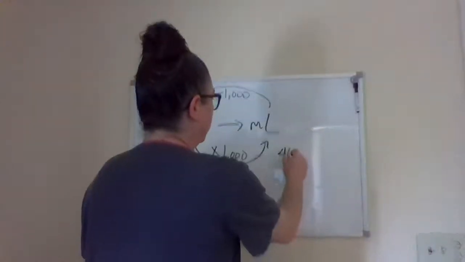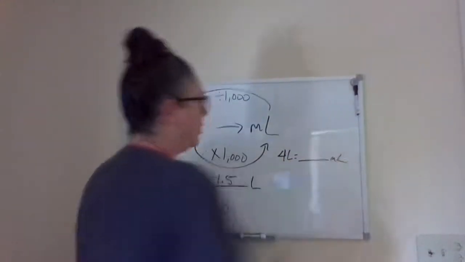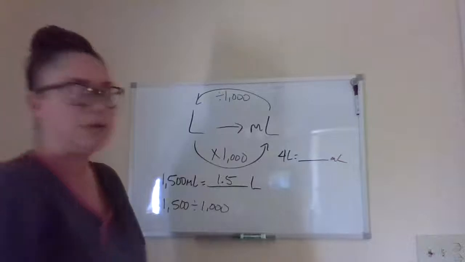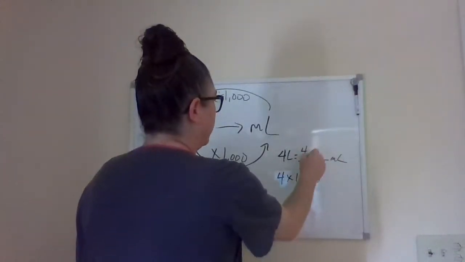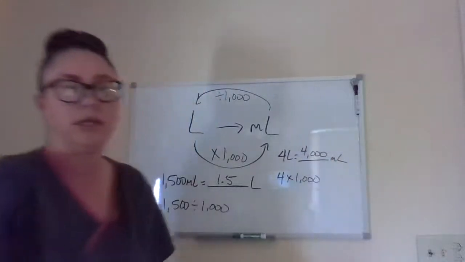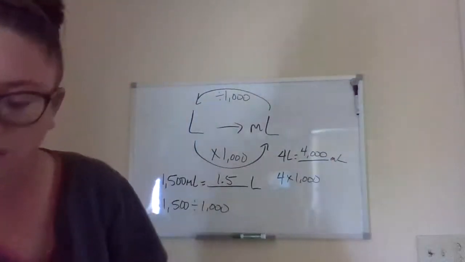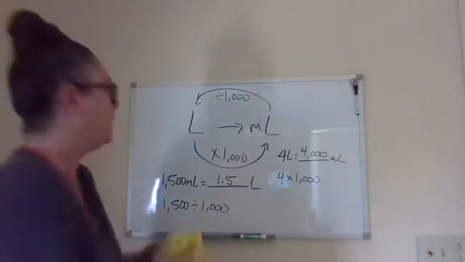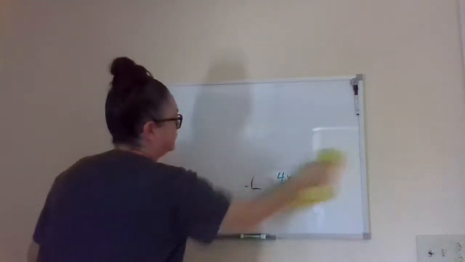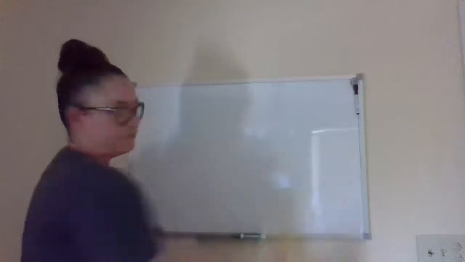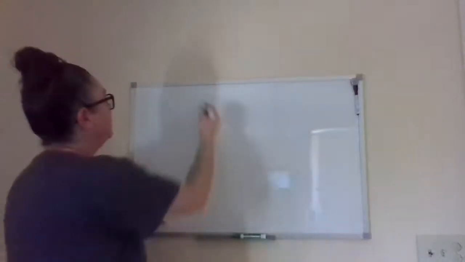If we have 4 liters, and we want to know how many milliliters that is equivalent to, we're going to take 4 times 1,000, and we get 4,000 milliliters.